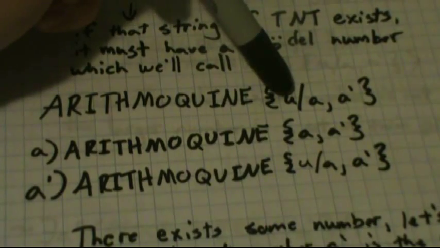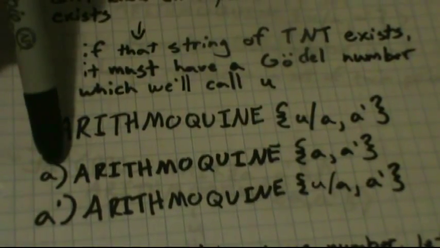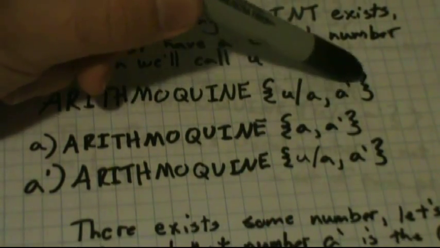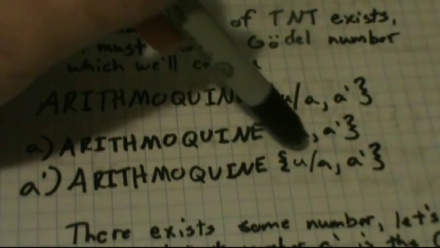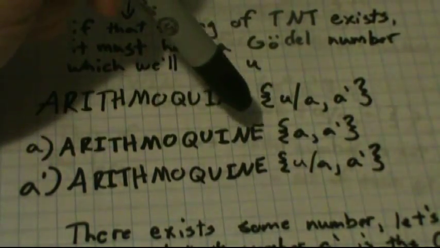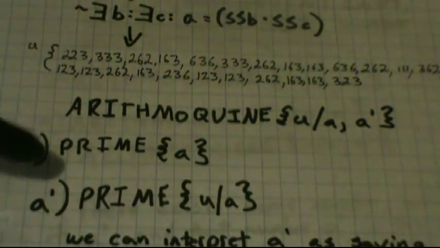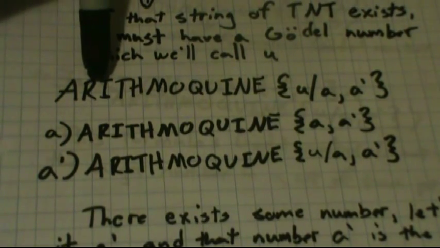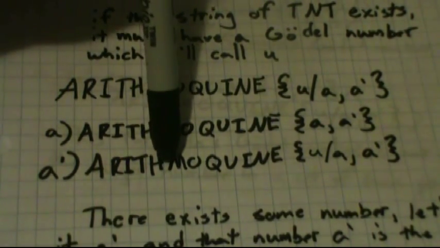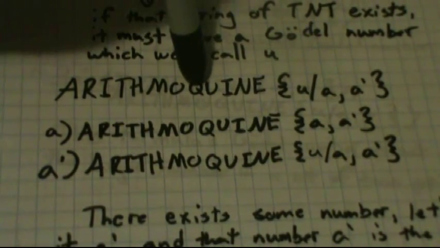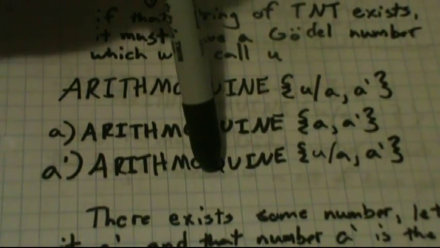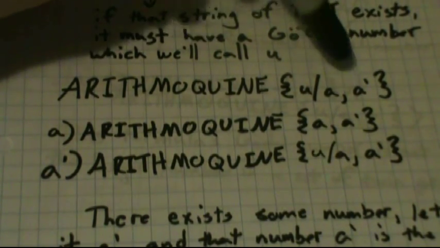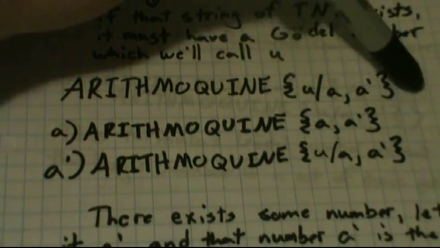And just like it was with prime, the number we're using for a is going to be one way of writing this, and then the way to write a prime is what we get when we put in u for a. Absolutely no different than it was here. A prime here is just the number way to express this formula. And since this is exactly the same as this, a prime is the number form of this formula.